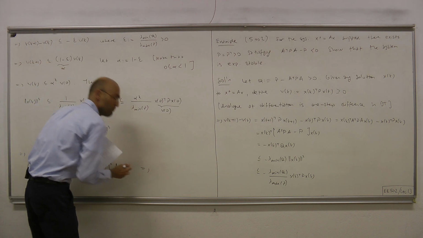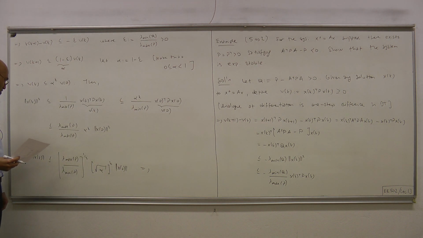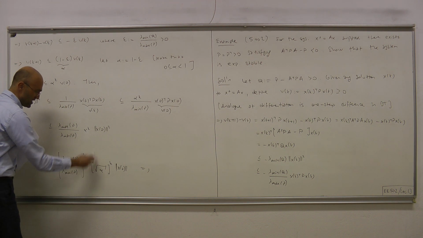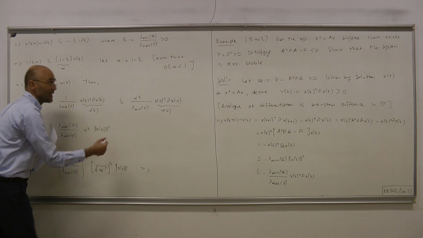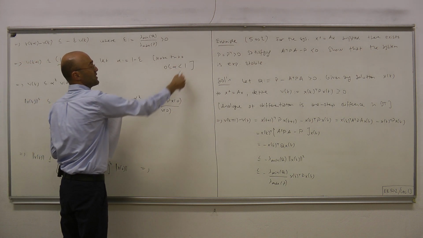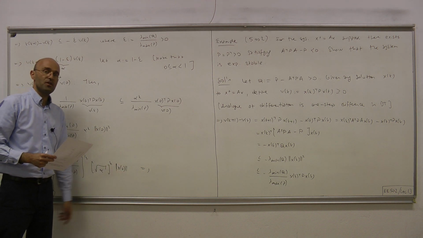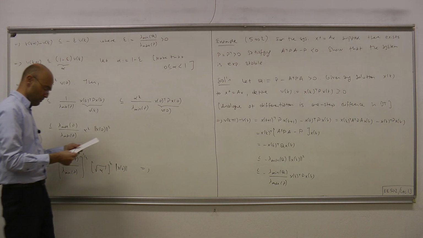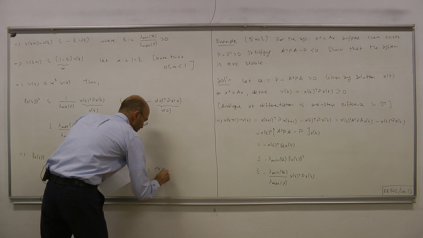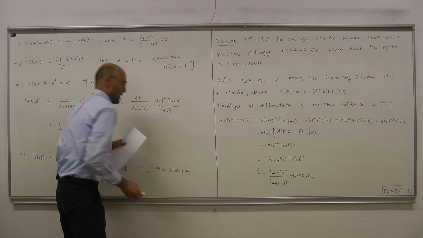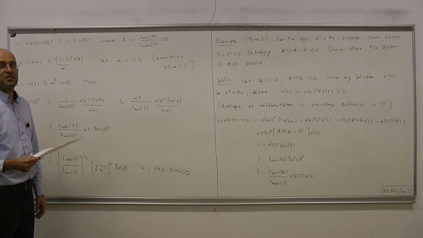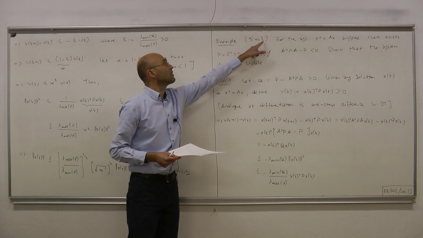And this, by definition, means that the norm of the solution is less than or equal to c times lambda to the k, where lambda is less than 1, times the initial norm. Therefore, by definition, we have exponential stability of the system, which was to be shown.